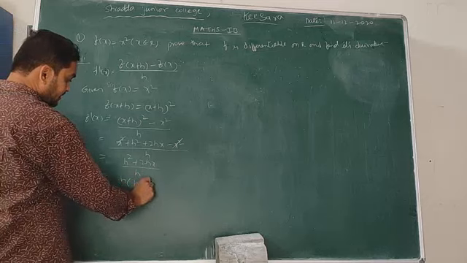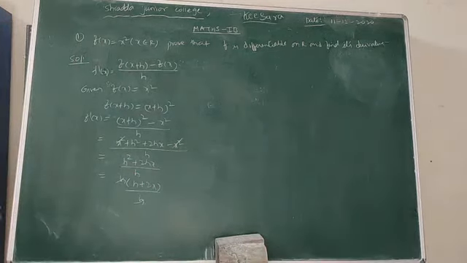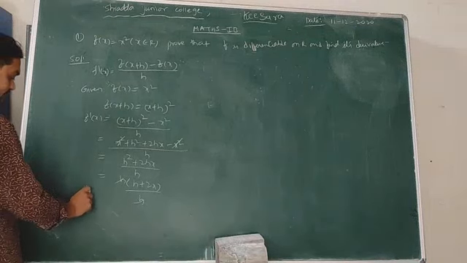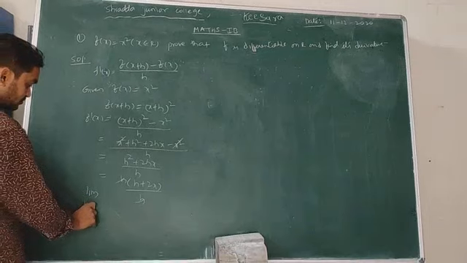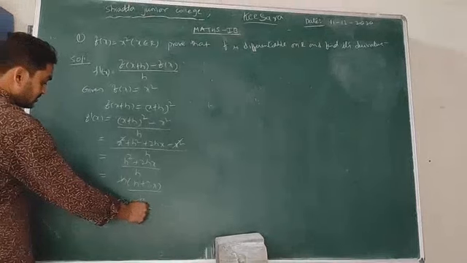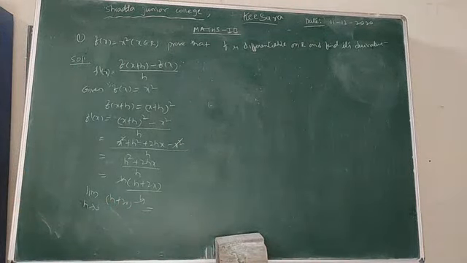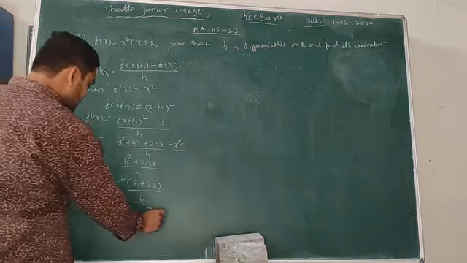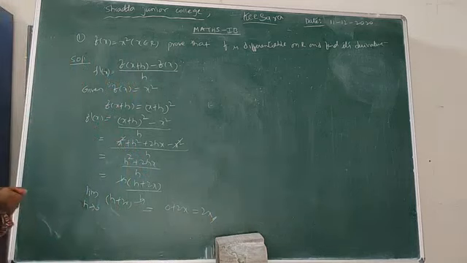Then h plus 2x by h. h gets cancelled. So now see here, limit h tends to 0, h plus 2x. Here we substitute the h value, that is 0. So 0 plus 2x equals 2x. So what is the differentiation of x square? That is nothing but 2x.